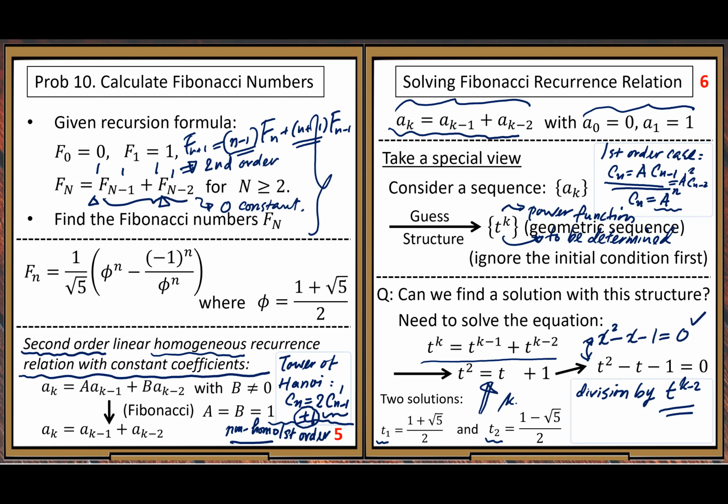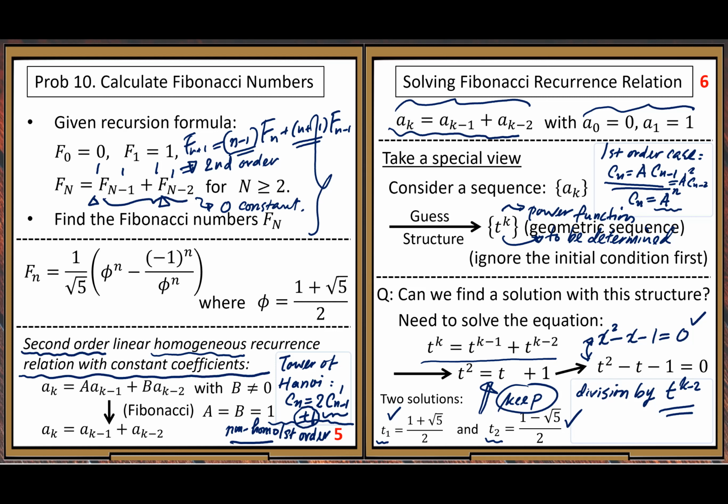We should keep the second negative solution, because we do not assume this t is the golden ratio. There is no reason that t cannot be a negative number, right? So these two solutions should be considered valid solutions for the given recurrence relation.